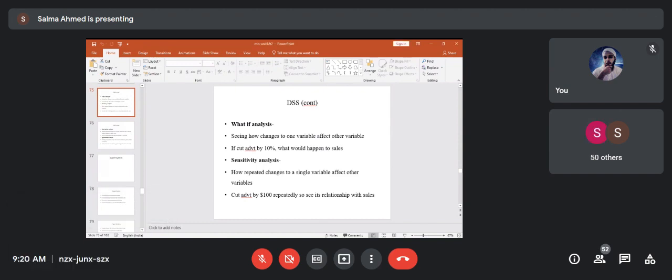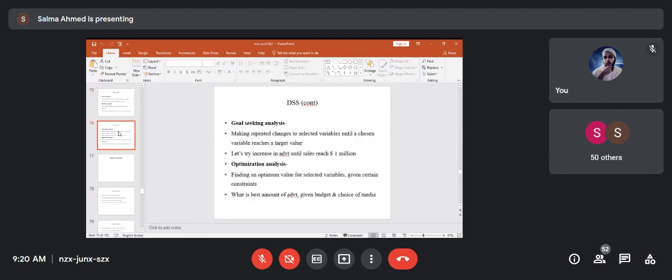Like by repeatedly increasing, say, the budget, how is it going to increase my sales turnover? If it's 1 lakh of rupees, I go on increasing by 10%, another 10%, and we see the impact it has on the sales. So one is what-if analysis, the other is sensitivity analysis.